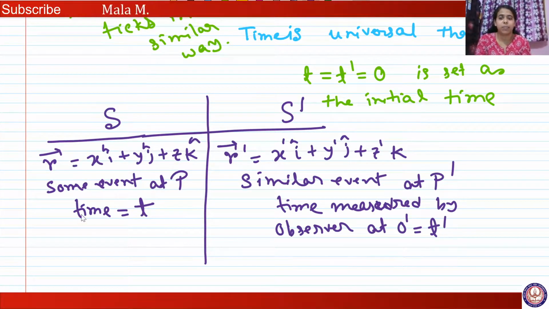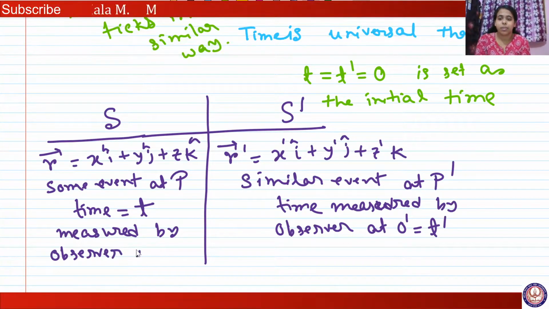It will be t prime. So this is measured by the observer at O.